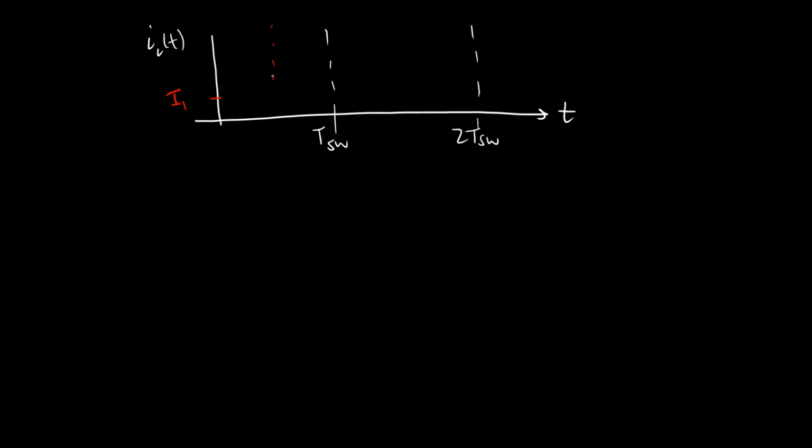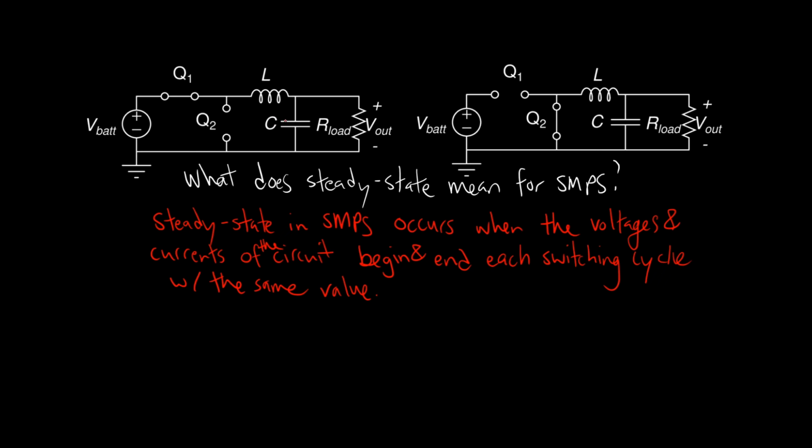In the first subinterval, well, who knows what happens? A bunch of things could happen. I mean, most precisely, what is happening is that we're applying a positive voltage to the inductor, right?